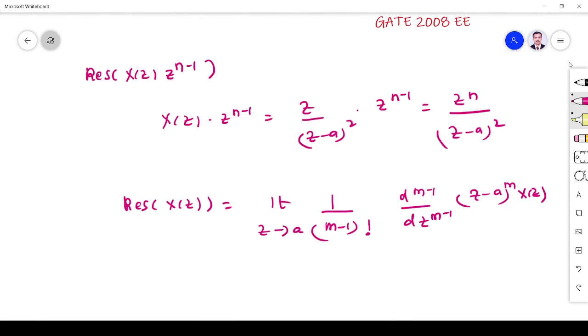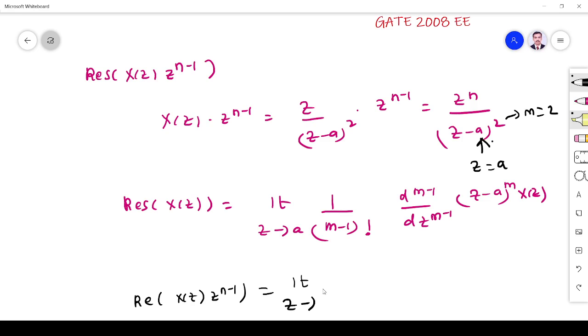So m is the order of the pole. Here I have to find the residue of X of z into z power n minus 1. Limit z tends to a, here again the pole is a. Pole is a, order 2, that is order is m here. So z tends to a is a pole.